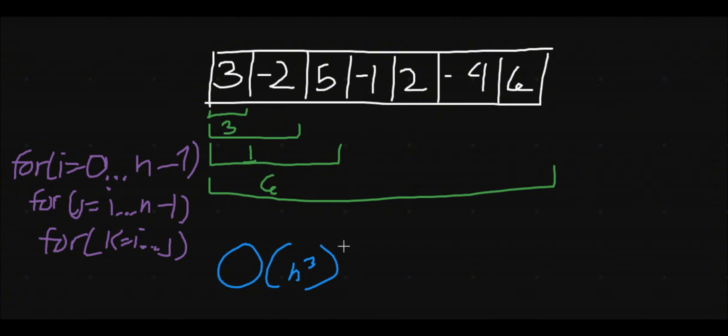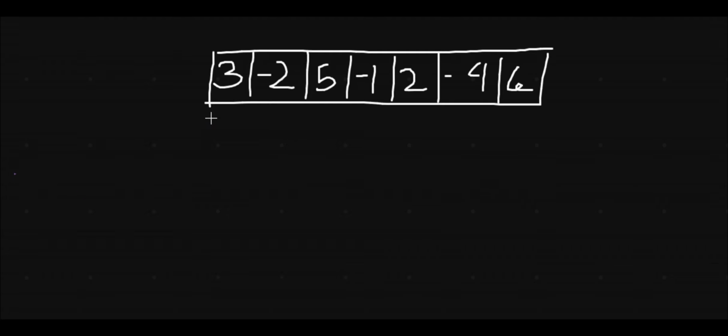So what we're going to do is use Kadane's algorithm's time complexity. In Kadane's algorithm, let's say you have from 3 to -1. What is the sum of this array? 3 minus 2 plus 5 minus 1 is 5. Why do I say Kadane's algorithm is faster?